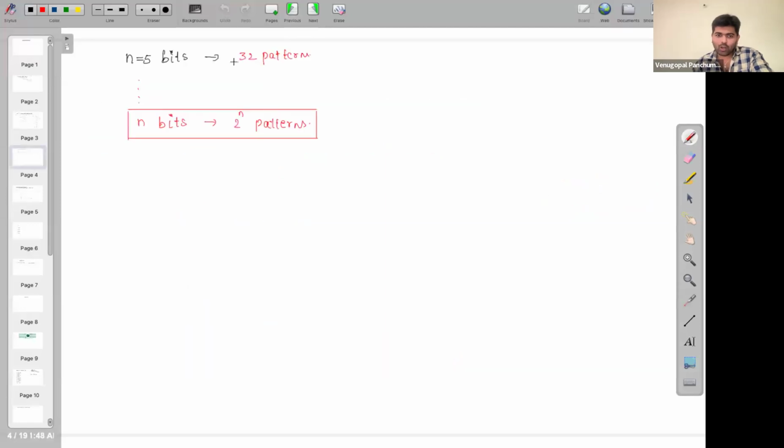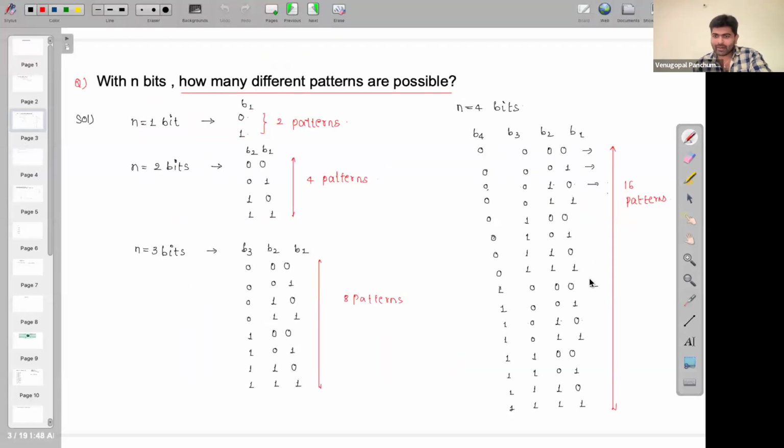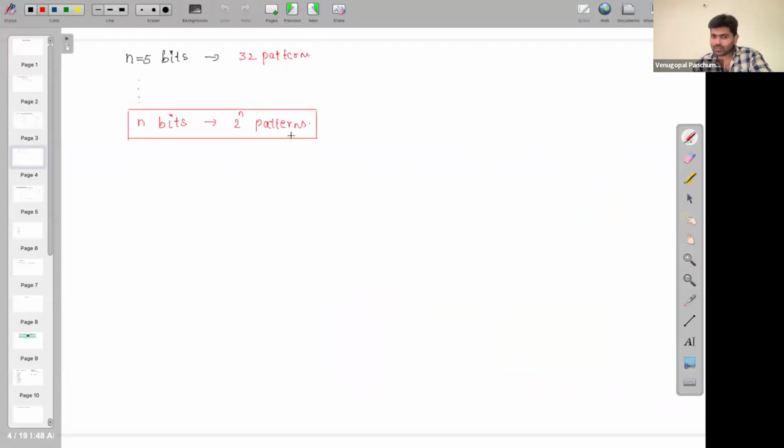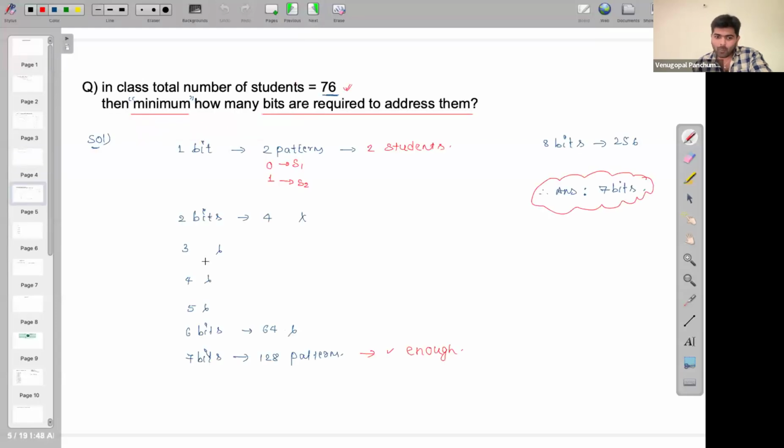I have clearly told what is a bit and what is a pattern, right? And I told one formula also here. Then I have explained properly what is happening. Is there any complex thing here? Kindly attend here only. Do not think about here and there.